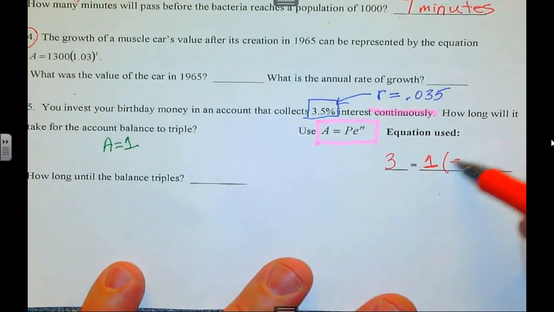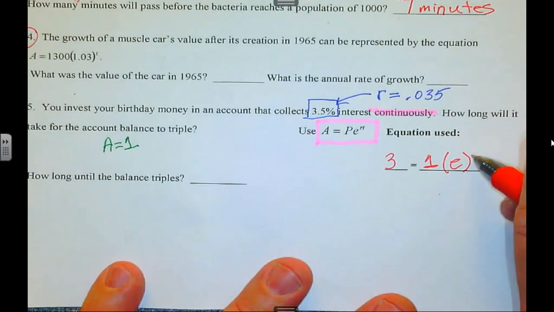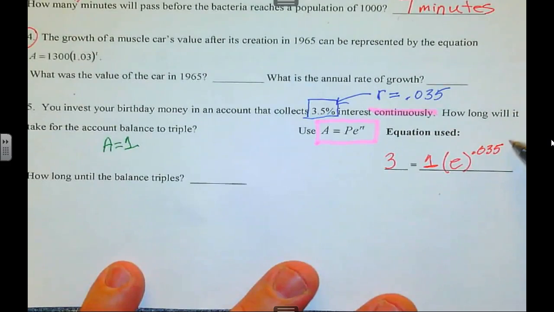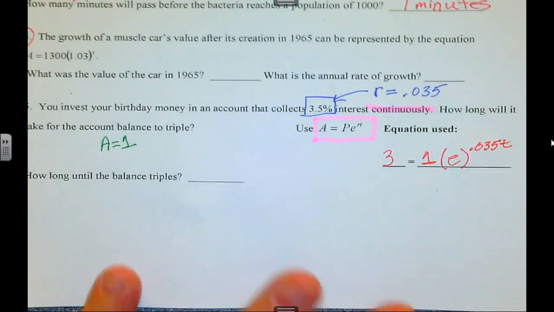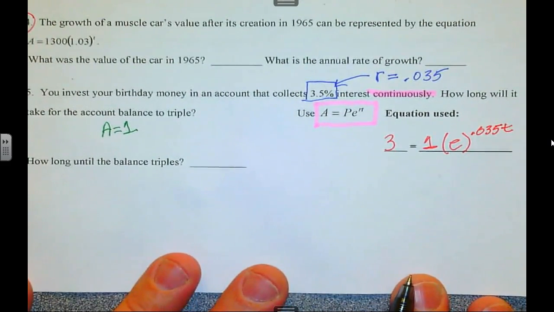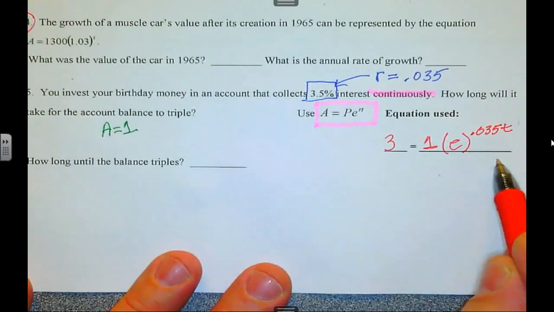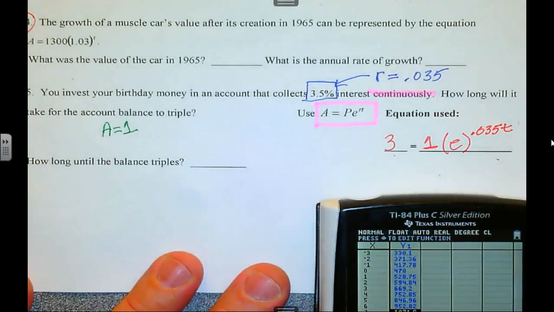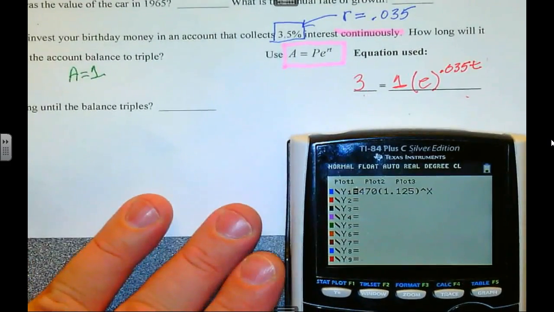And e raised to the r times t, and we're trying to find our t, right? So I'll put my t or x there. So in my calculator I need to put this in and find out when my y is 3. That will tell me how much time. Get it?